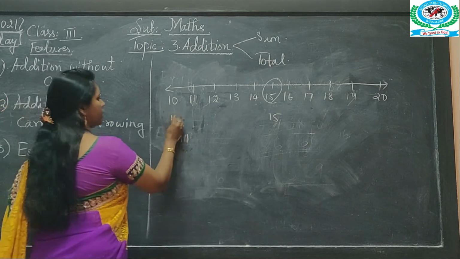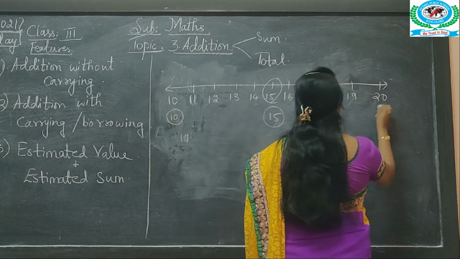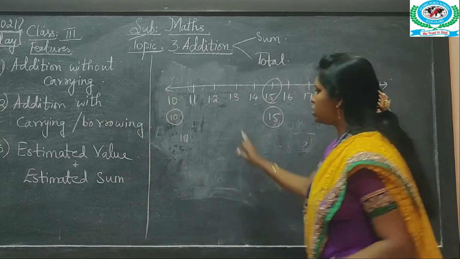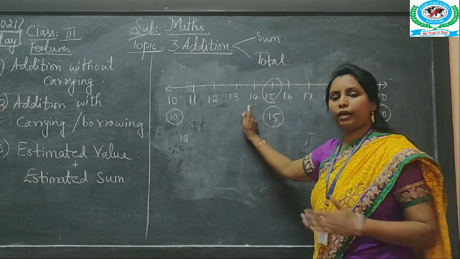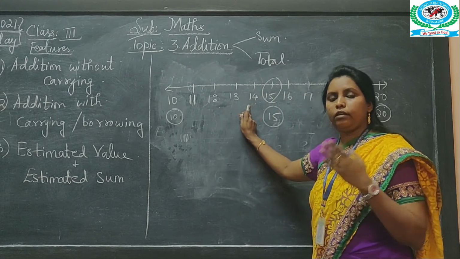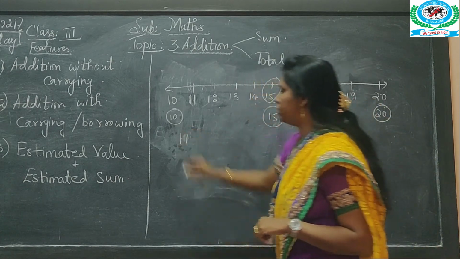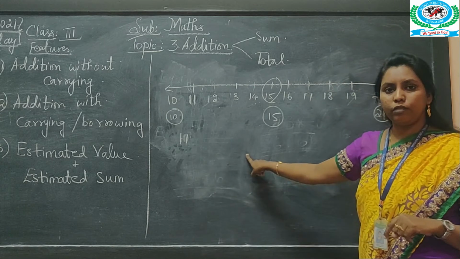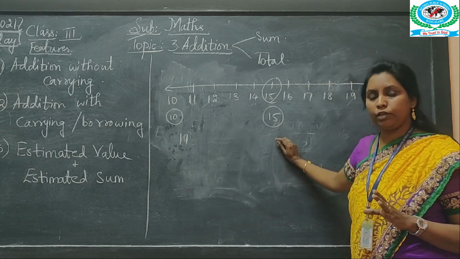So your starting point is 10, this is the middle point and this is the end point. Okay, so suppose I want to know the estimated value of these numbers lying between 10 and 15. So I have taken here 11. So what is the estimated value of this number? It is how much, you can tell.